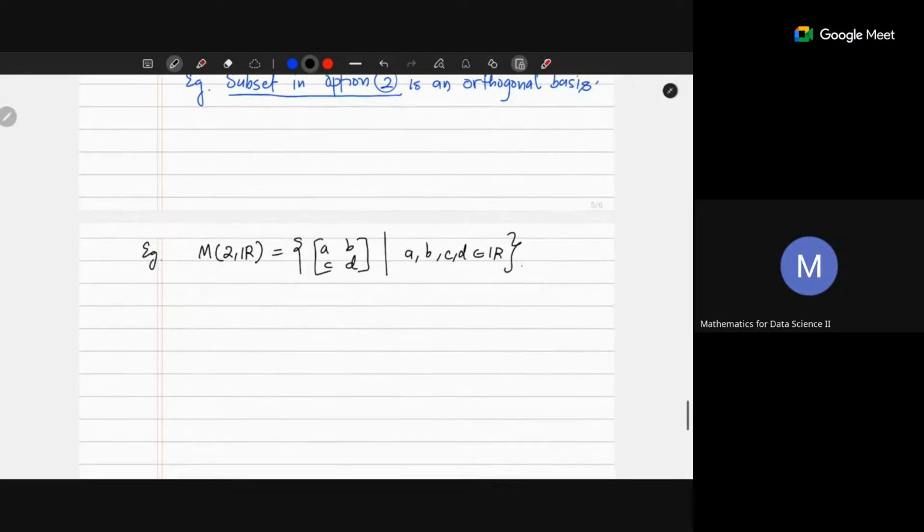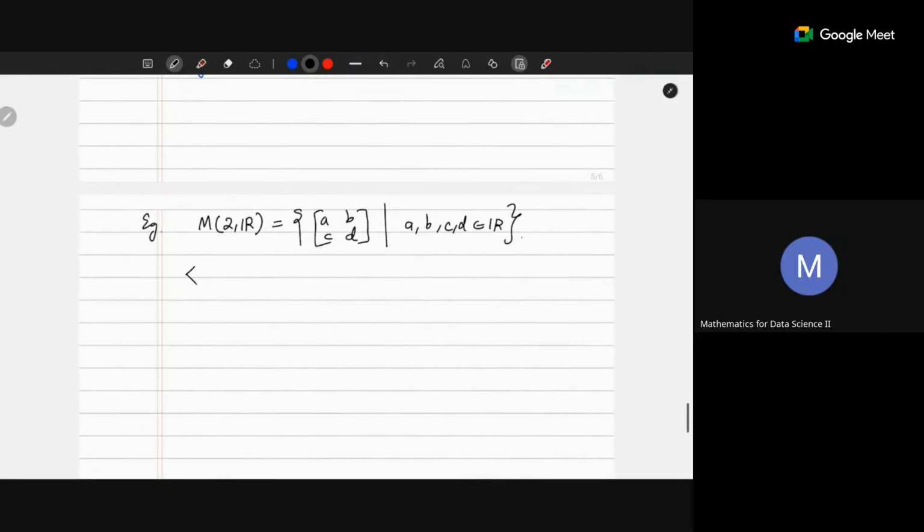Now we define the inner product on matrices, similar to the standard inner product. Better to write with other notation: A11, A12, A21, A22 and B11, B12, B21, B22.